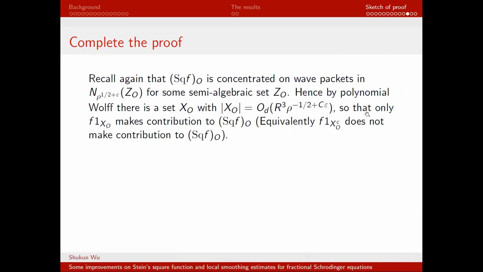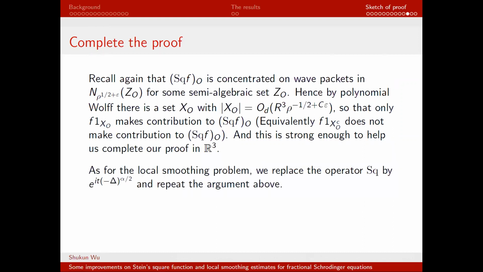Only F restricted to this set will make a contribution to the cell function. F whose support is outside this set does not make a contribution. And this is strong enough to complete our proof in R3 for the Stein square function.